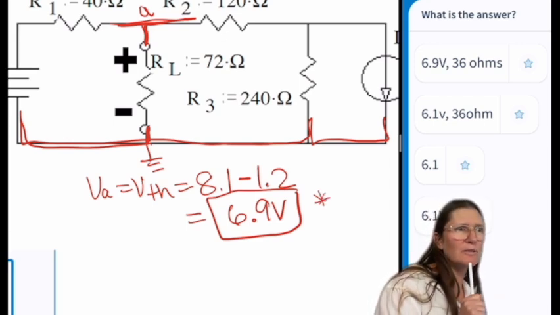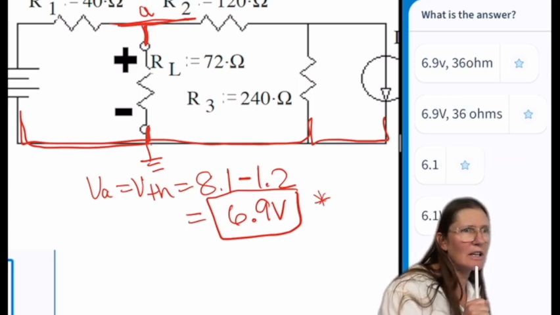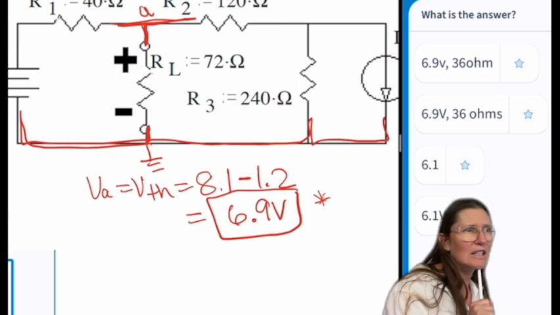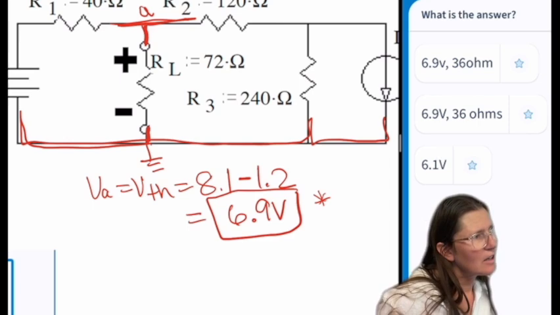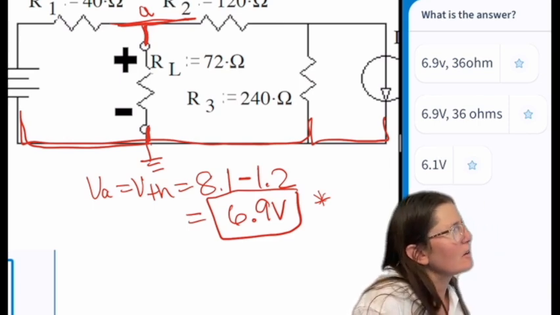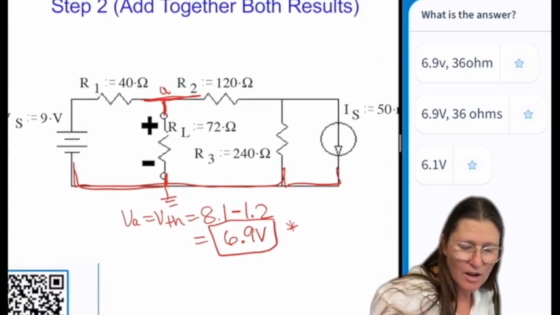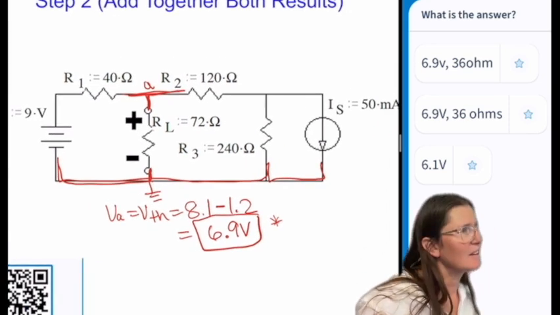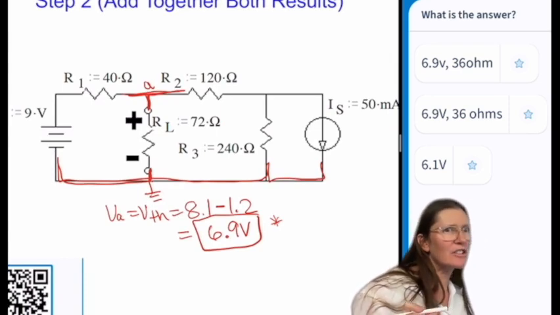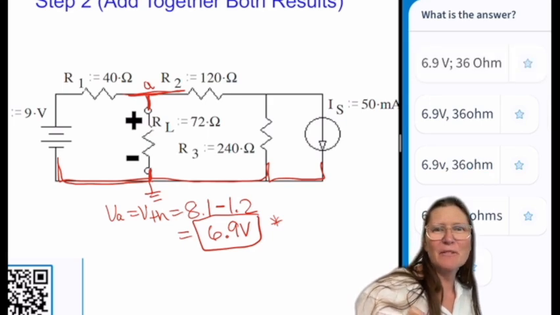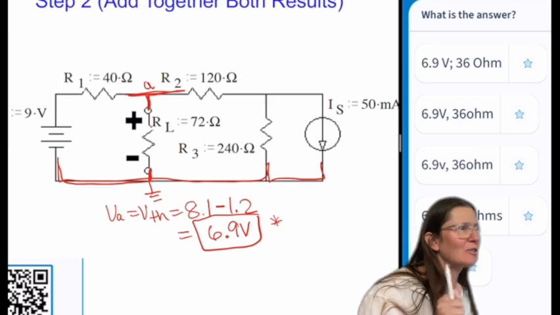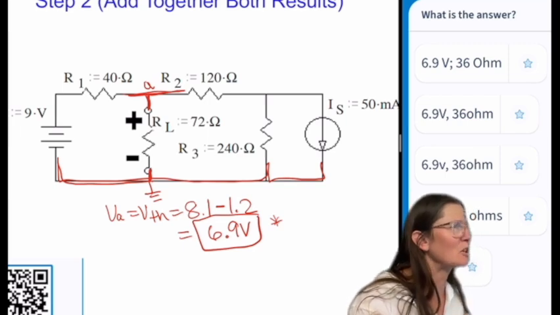Okay, others that got 6.1, questions like how you got 6.1? Yes, I got 6.1 from failing to realize that not all the current will go through the 40 ohm resistor. Ah, so mistake corrected now. Okay, it makes sense. Okay, good. All right, others that got 6.1? Okay, everybody's getting 6.9 now, so the current divider was a little bit more confusing.